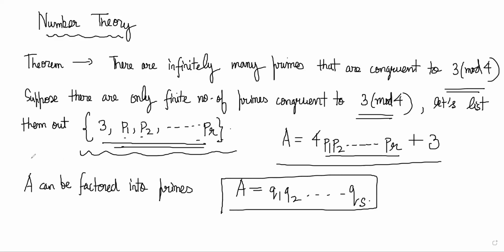Now I will make certain claims. So I will just write it here. A is equal to 4 P1 P2 till PR plus 3, and A has been factorized as Q1 Q2 till Qs.